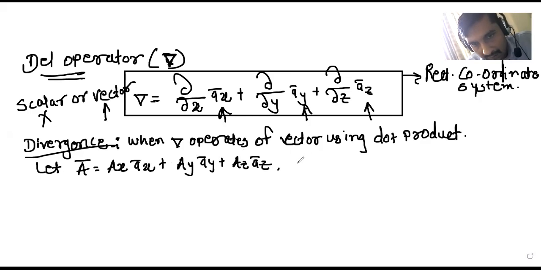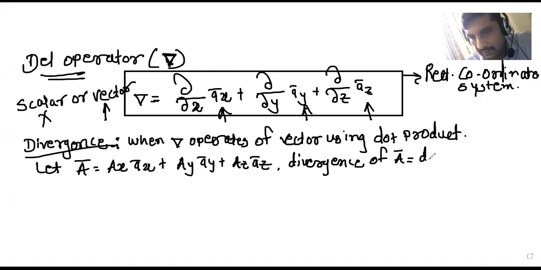So how can you write the divergence of this vector? Either you can write divergence of a bar, which is equal to div a bar, this is the abbreviation for that, or it is also written as del dot a bar.